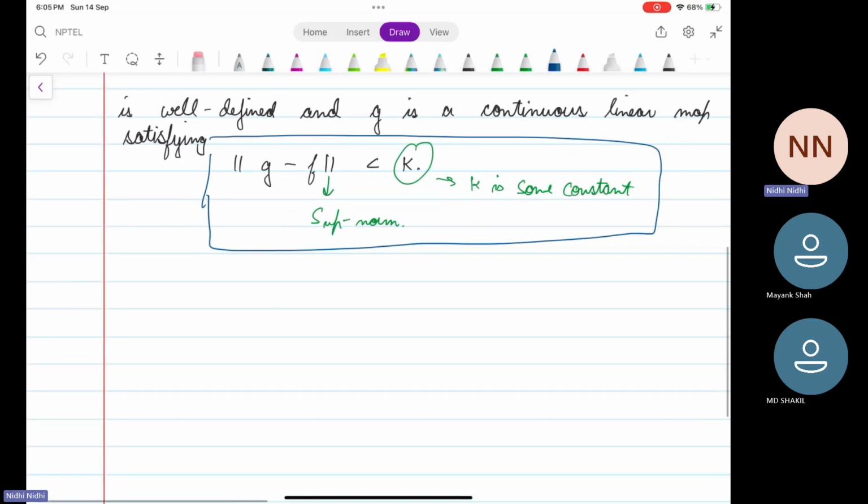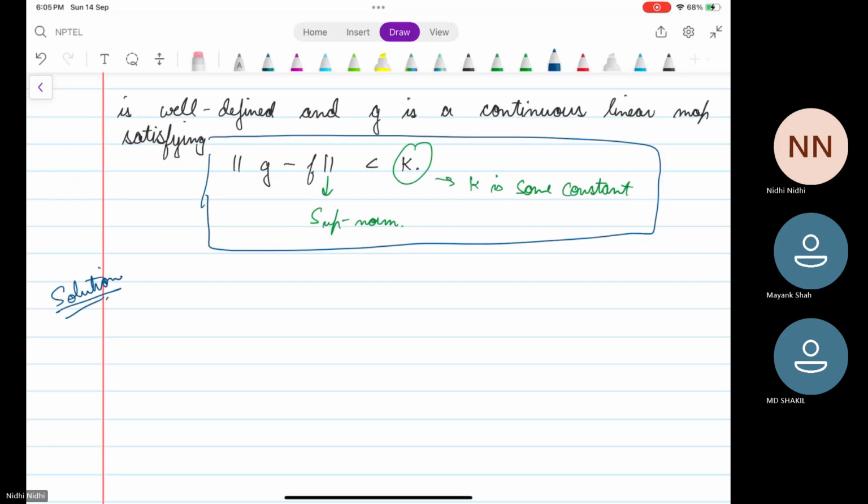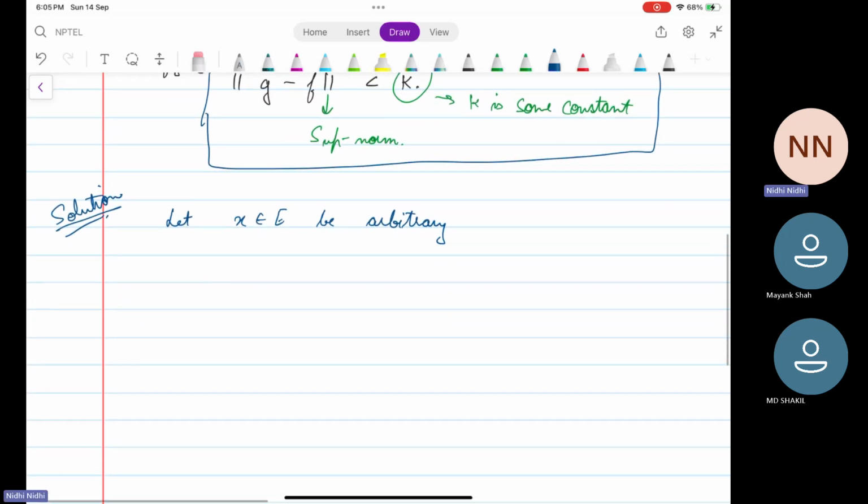Let's see how we can. Let's start with some x in E, arbitrary. Firstly, we claim that g is well defined.